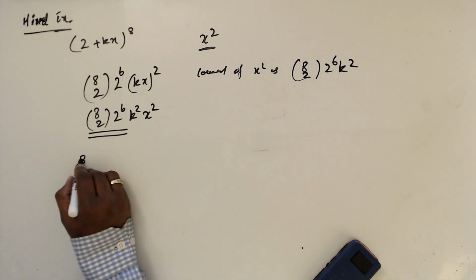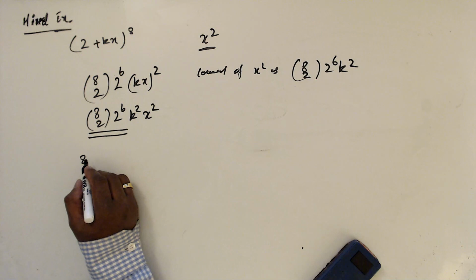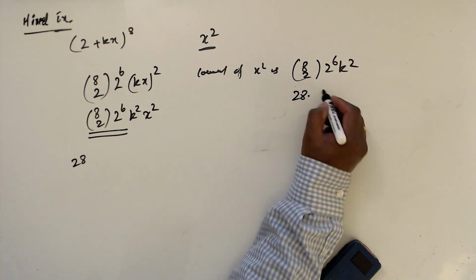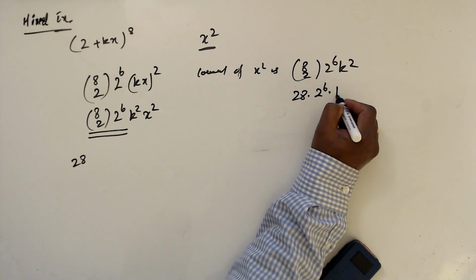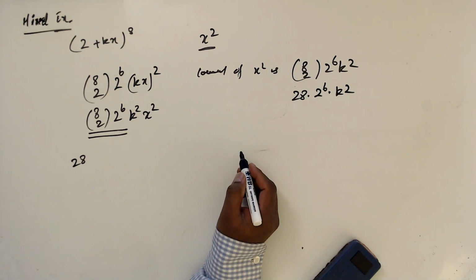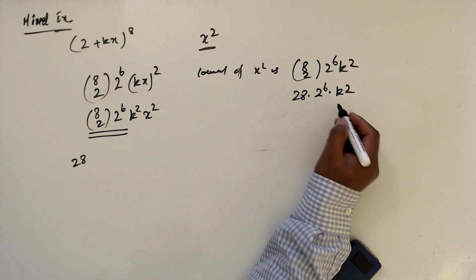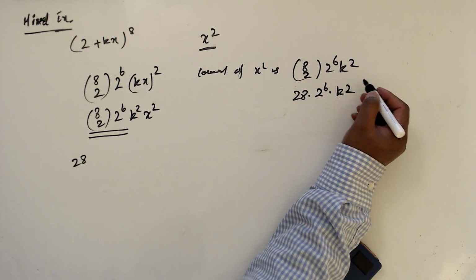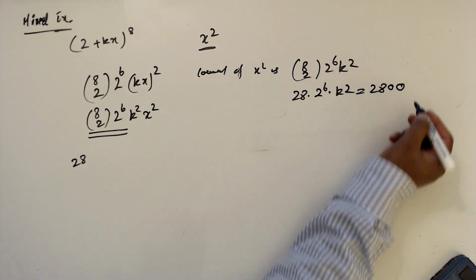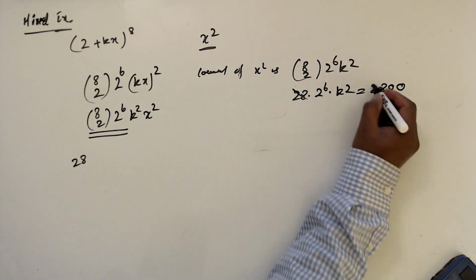Now we'll find what C(8,2) is. C(8,2) is 28, so 28 times 2^6 times k squared, and this value is equal to 2800. So I can divide by 28.